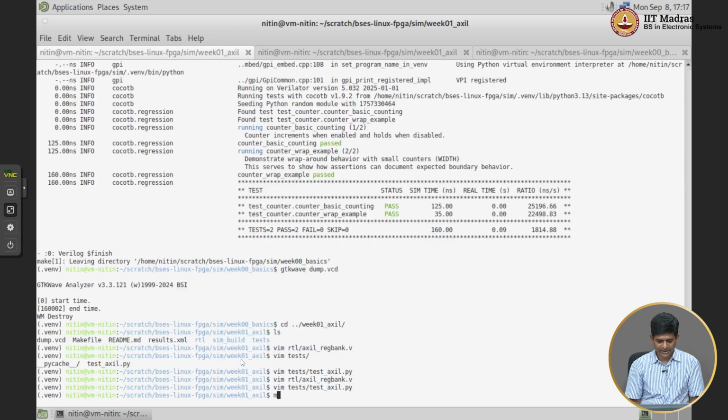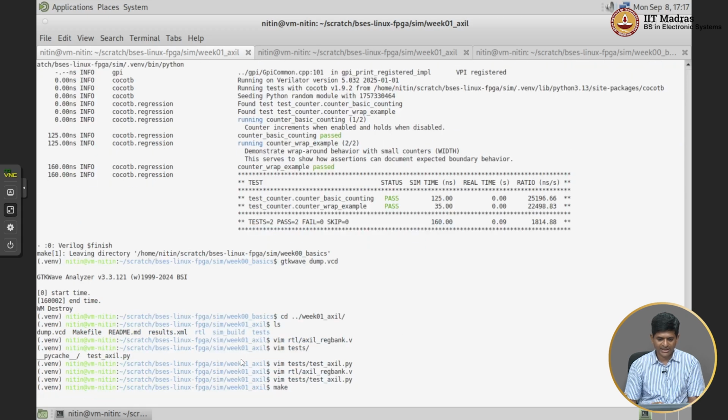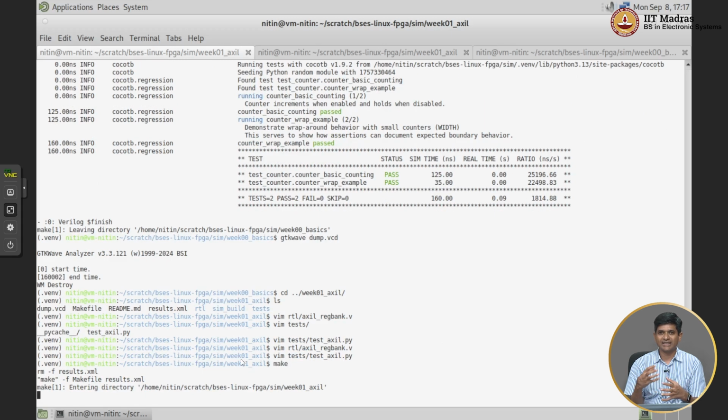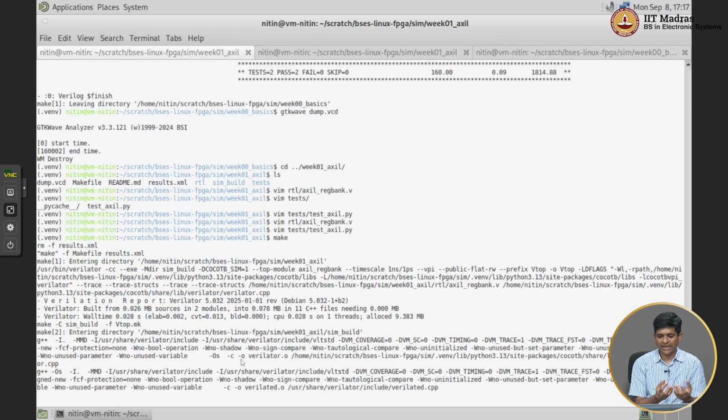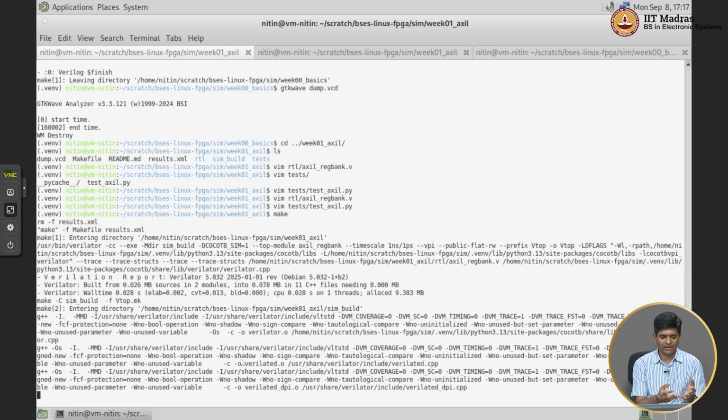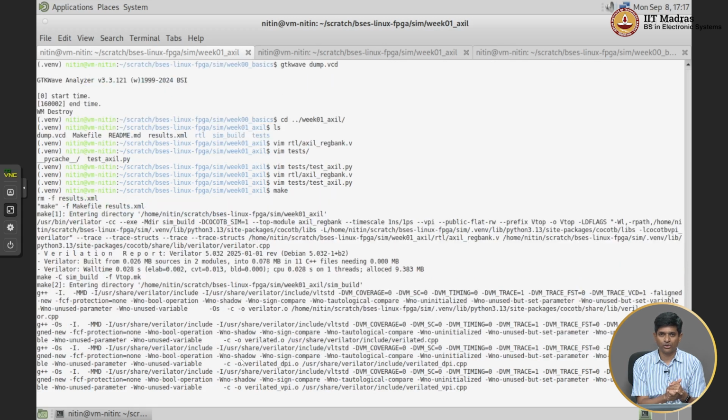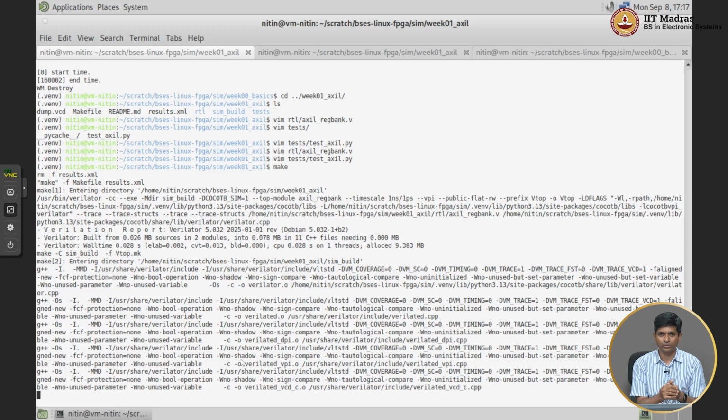Let us go ahead and try that. I can run make as usual. What it does is compile the entire Verilog code into a C program. That is how the Verilator simulator works. As you can see over here, it is calling the C compiler to do the things. You do not need to do any of this, Verilator automatically handles it for you.